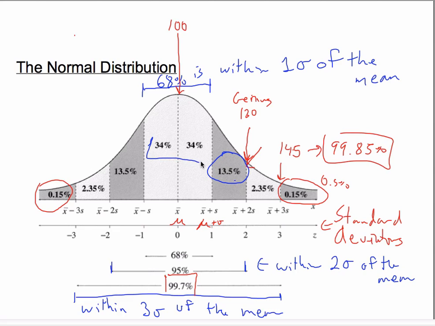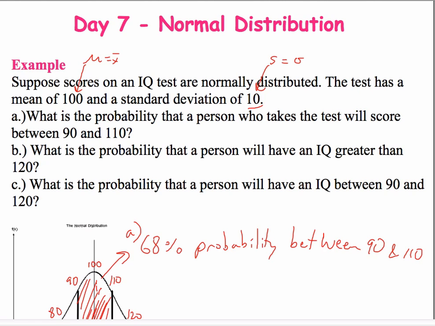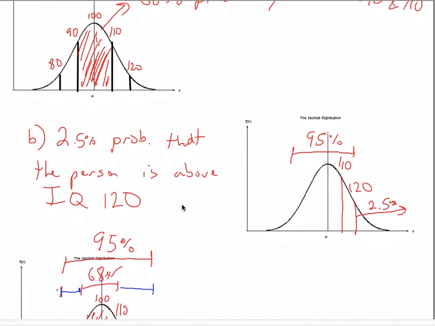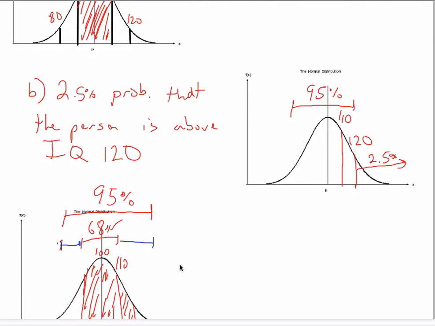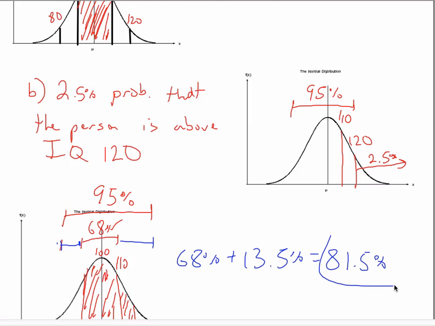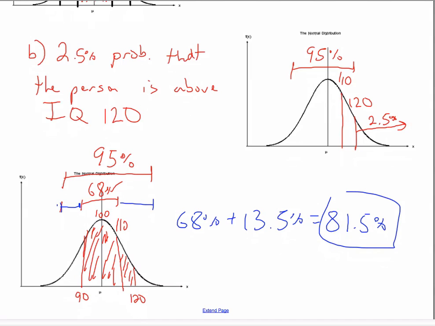And then here it's the 68%, so we'll just add that 13.5% on. So this is going to be 68% plus 13.5%, which equals 81.5%. So it's an 81.5% chance of the IQ being between 90 and 120.